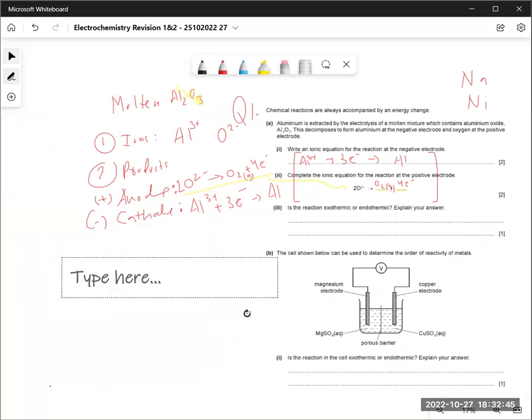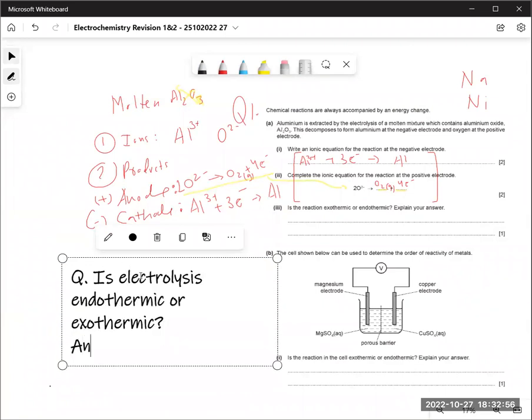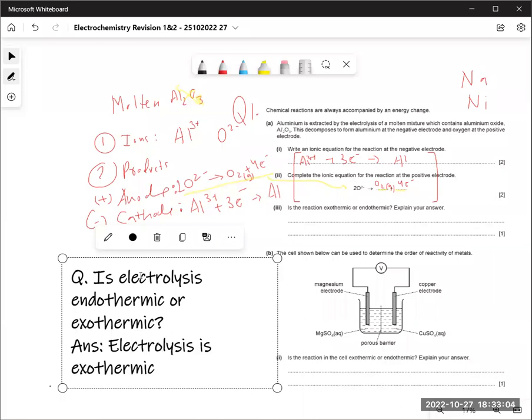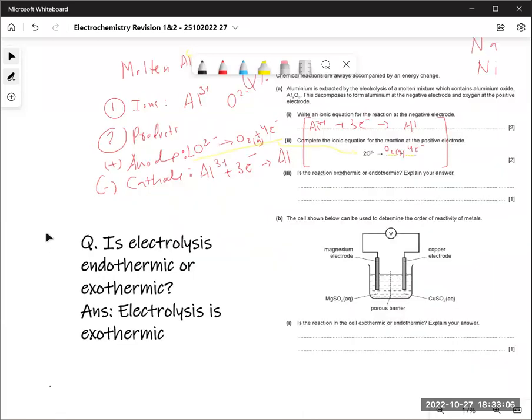The question: is electrolysis endothermic or exothermic? The answer is electrolysis is endothermic. Why? You need a reason for this. You can't just say it is.